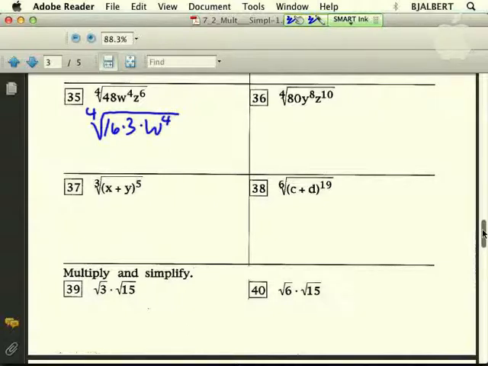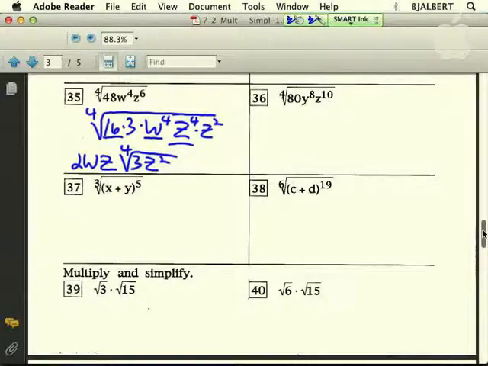And w to the fourth, that's going to go evenly. z to the 6 needs to be broken up into z to the fourth times z squared. The fourth root of 16 is 2. Fourth root of w to the fourth is w. The fourth root of z to the fourth is z. So that'll leave the fourth root of 3z squared.